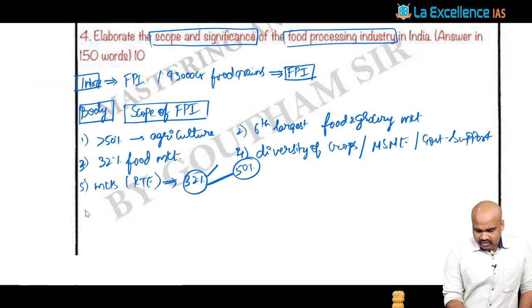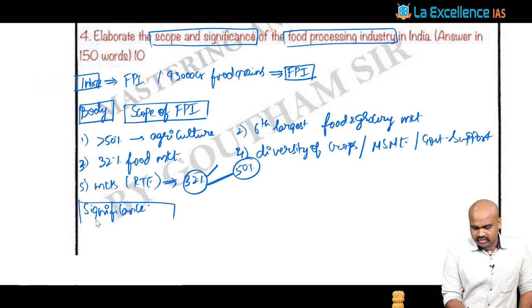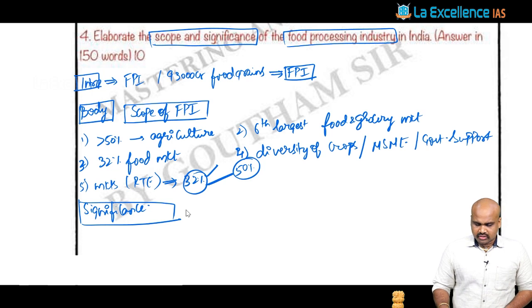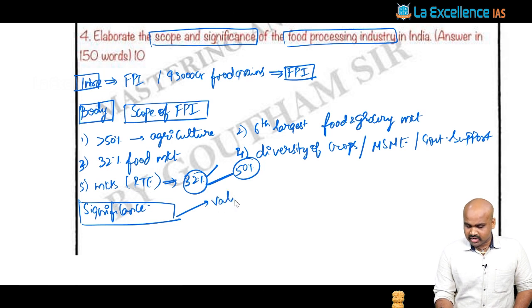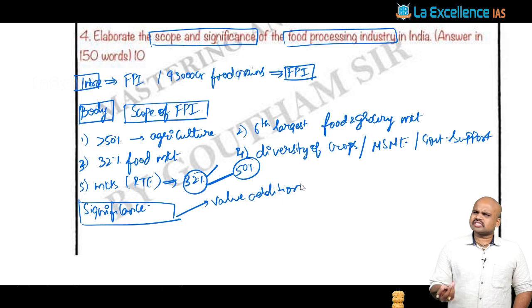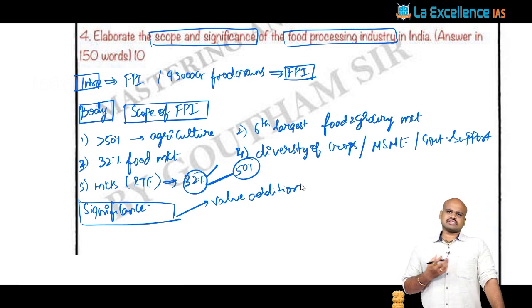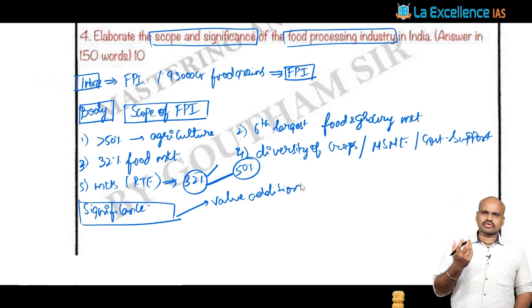The next part is the significance of the food processing industry. The major significance is value addition. The general example that you discuss in classes is tomatoes and tomato ketchup.